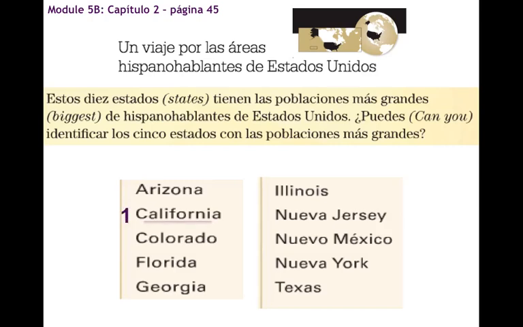Número 1, California, the largest population of Spanish speakers. Número 2, Texas, probably not a surprise, so close to the Mexican border. Número 3, which one do you think it is? Florida. Many from Cuba have immigrated to Florida. What about número 4?